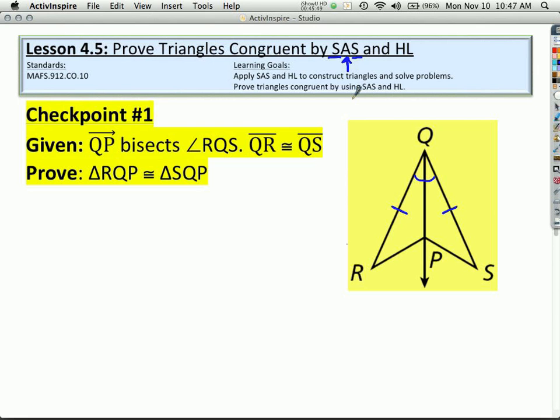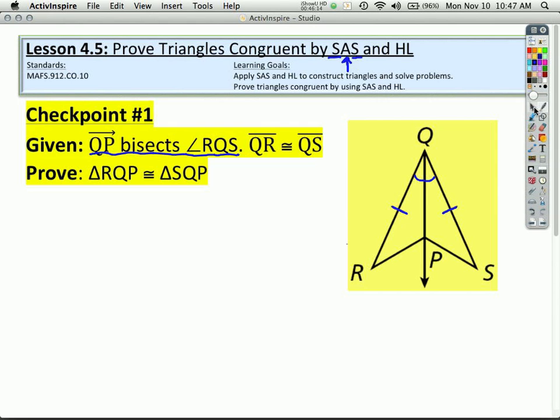What leads us to this being congruent? Nobody was able to figure that part out? Michaela? An angle bisector, exactly. This, bisecting this whole angle, tells you that that is congruent to that. That's the third piece of evidence.